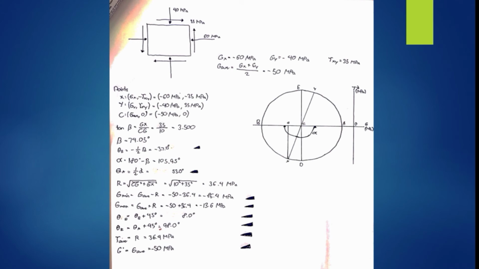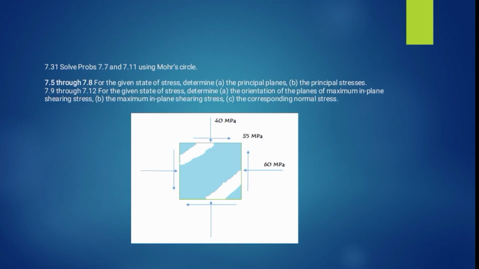Then σ maximum is equal to σ average plus R, negative 50 plus 36.4, which is 13.6 MPa. So we have the answer for B in 7.7.